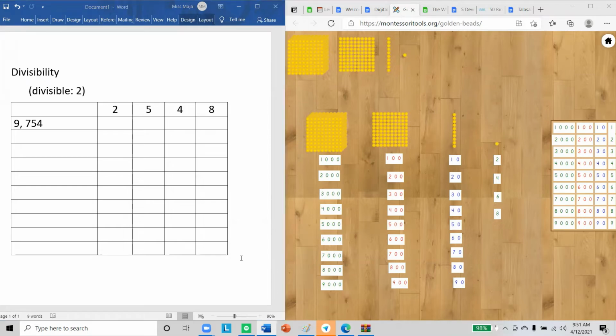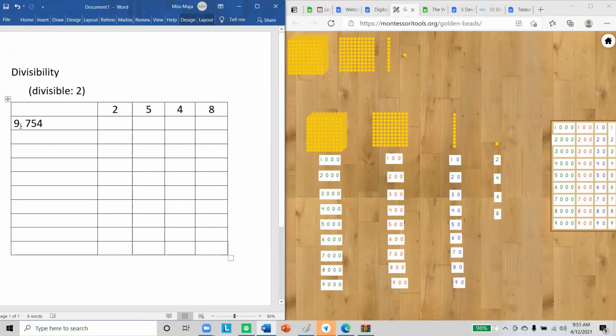Why? Since everything else is divisible by 2, the last number is what determines whether it's divisible or not. And 4 is divisible by 2, so yes.